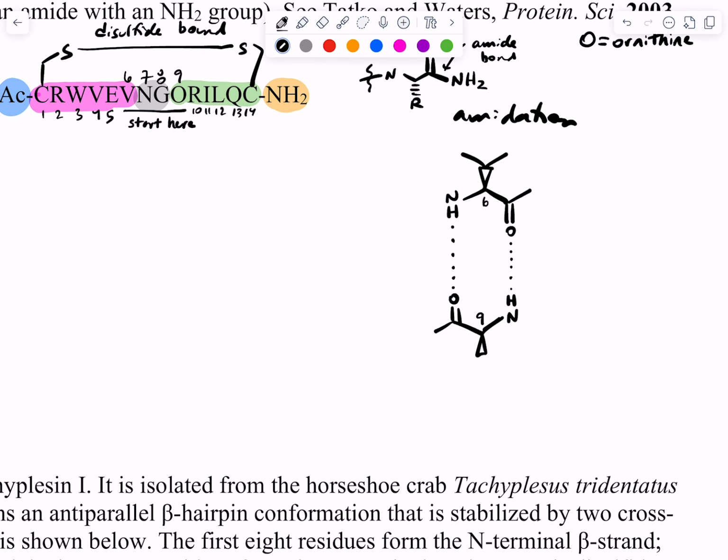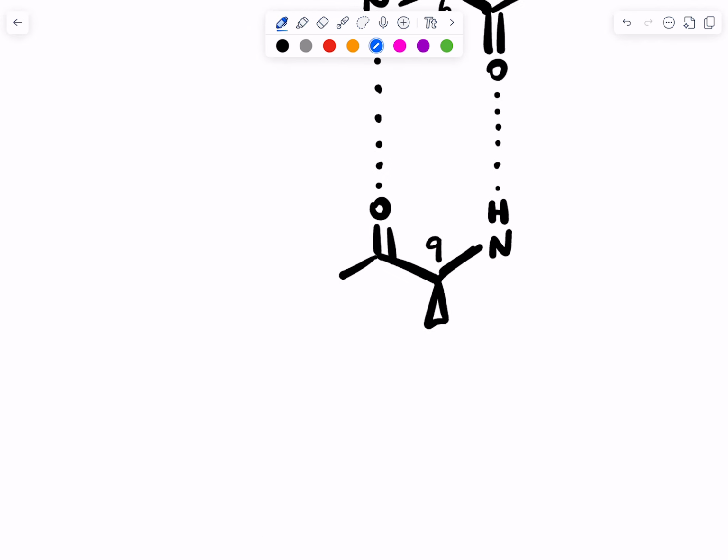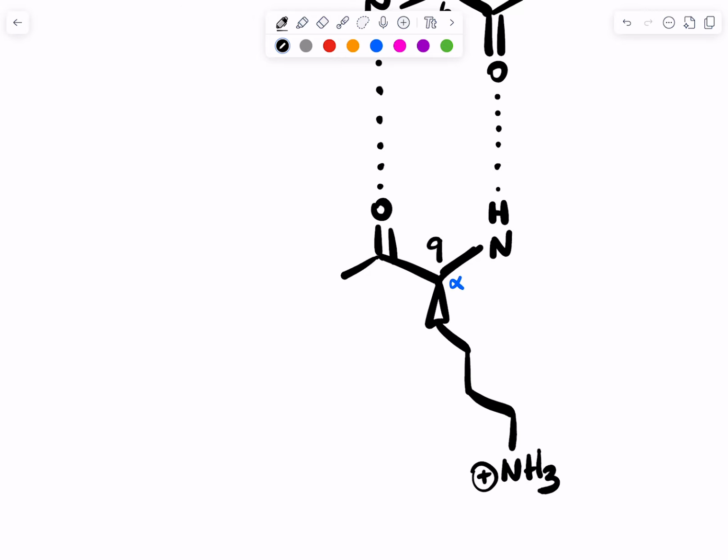And then ornithine is like lysine, but it's 1 carbon shorter. So for ornithine, we're going to go alpha, beta, gamma, delta, and on the delta carbon, we're going to put the ammonium group. Whereas if this were lysine, oh, I did it wrong, didn't I? Yeah, how about that?